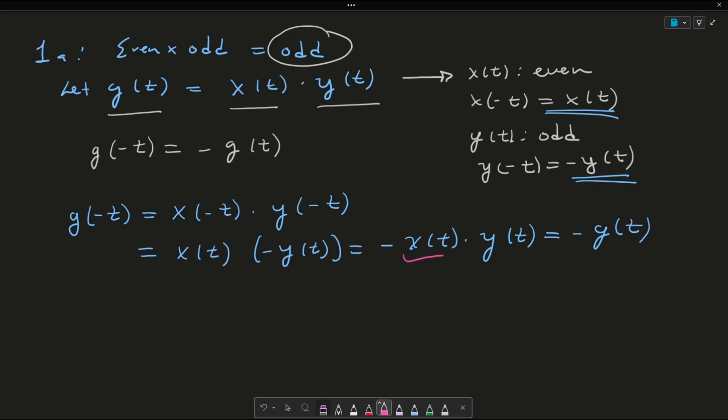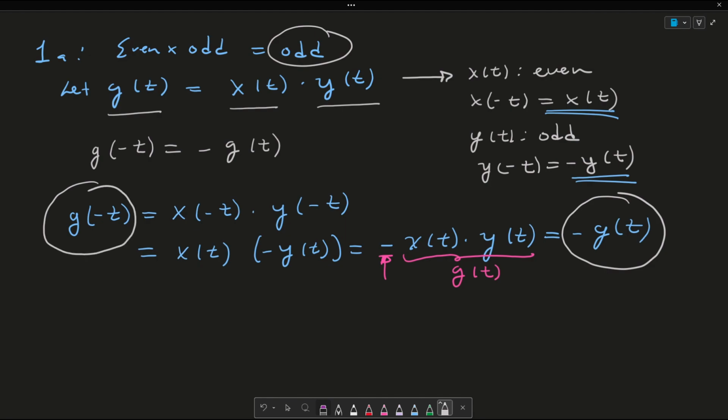Because this here is essentially g of t, and there's a minus in front of it. Since minus g of t is equal to g of minus t, we can conclude that an even times an odd function is an odd function. So this is our proof.